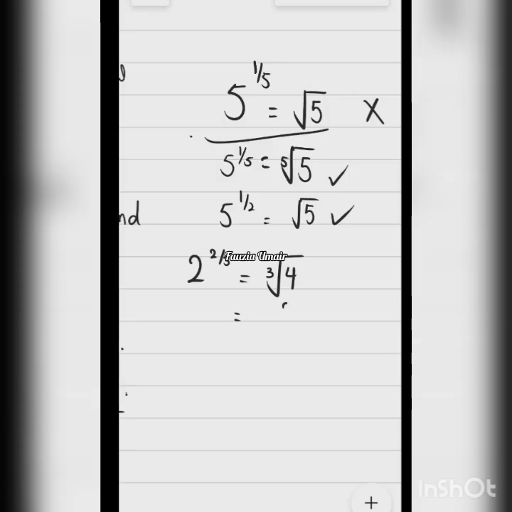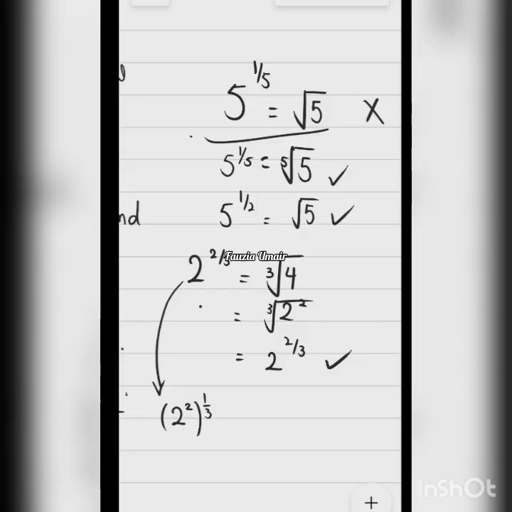Basically, if you write this 4 as 2 square in a cube root, and now you remove the radical, that will be 2 raised to power 2 by 3. So they are both same. Or if I use the laws of indices, I can say this is 2 square whole power 1 by 3.